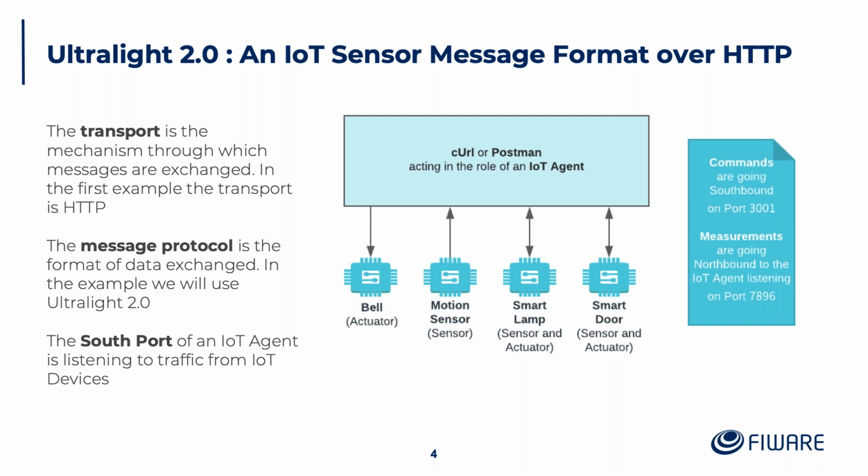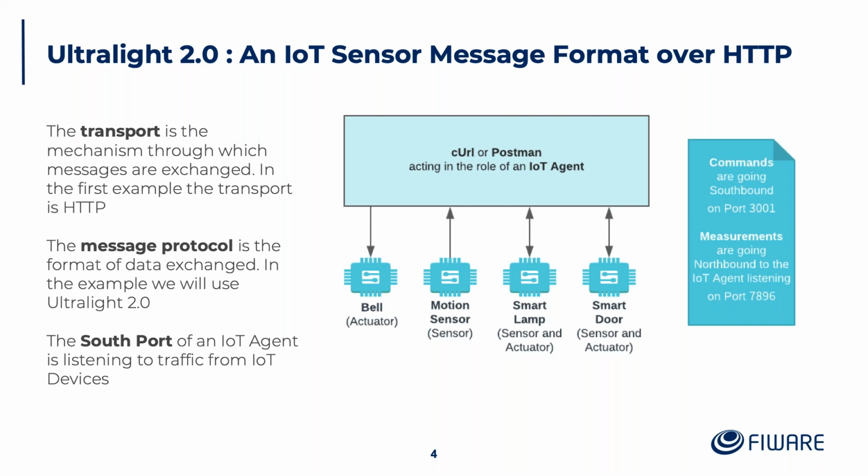But the point is that any transport of data is going to be in a format which is going to be understandable. Now, the Ultralight format is a good example for teaching this sort of thing because it's relatively constrained, but it's still basic ASCII characters, so you can actually see what's going on.